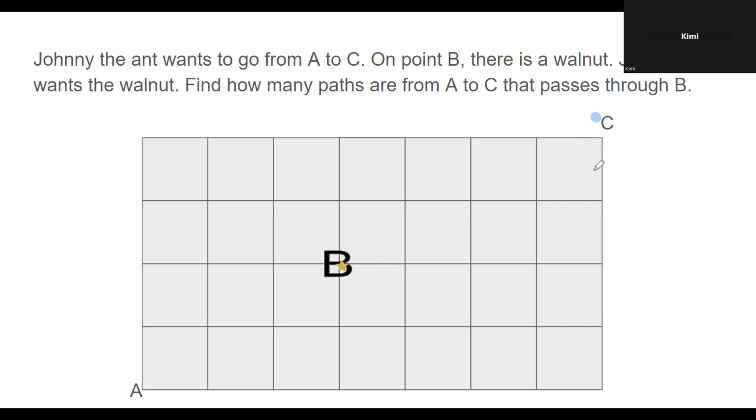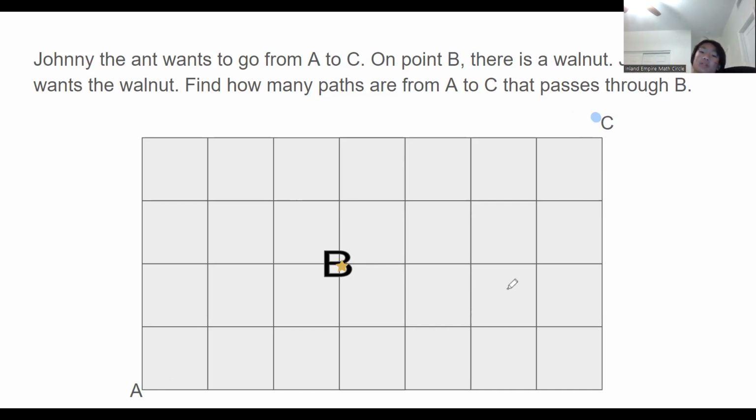So does it mean it is 11 factorial divided by 7 factorial, and then 3 factorial? You're on the right track.